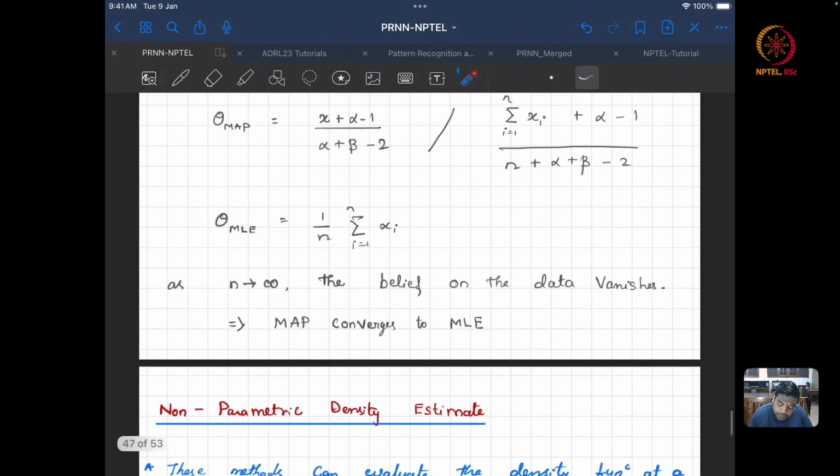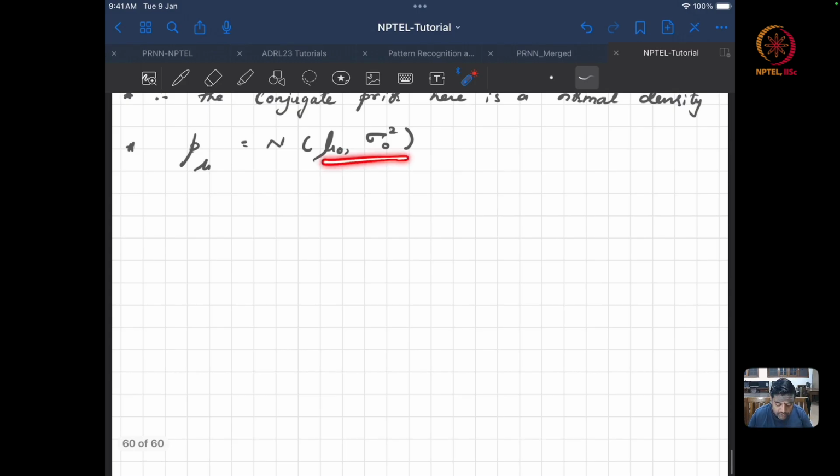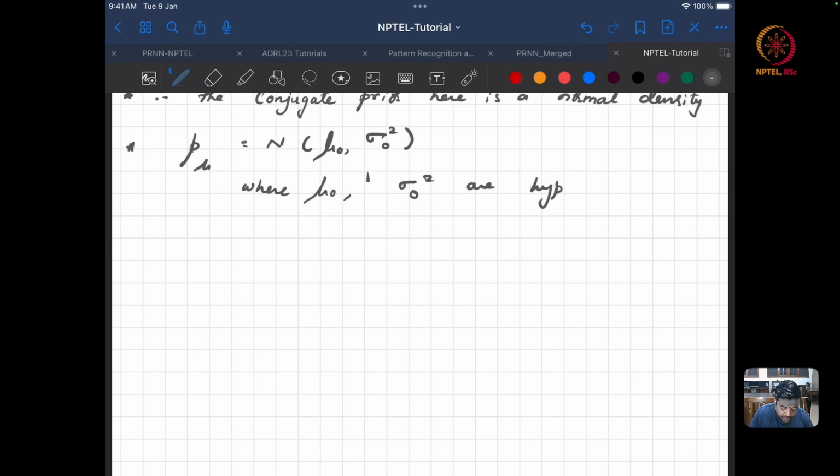Similarly, here also, mu 0 and sigma naught square are hyperparameters.